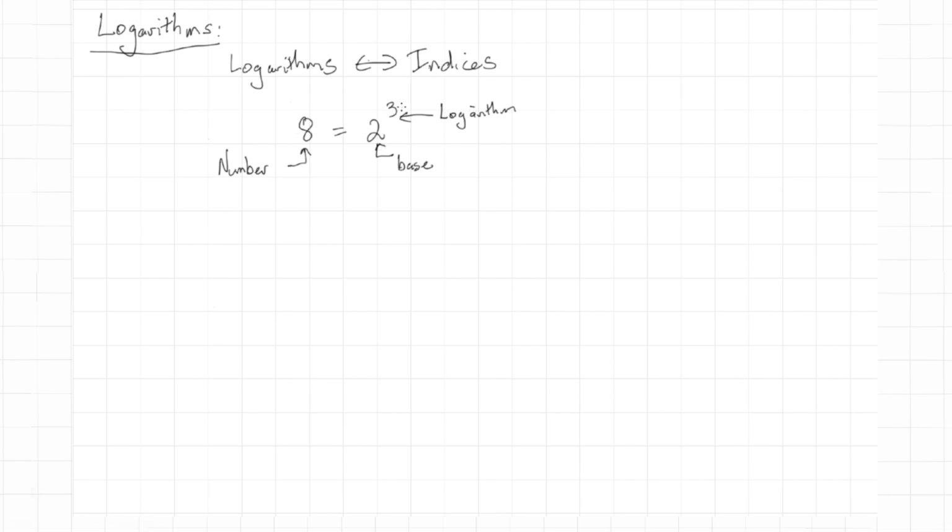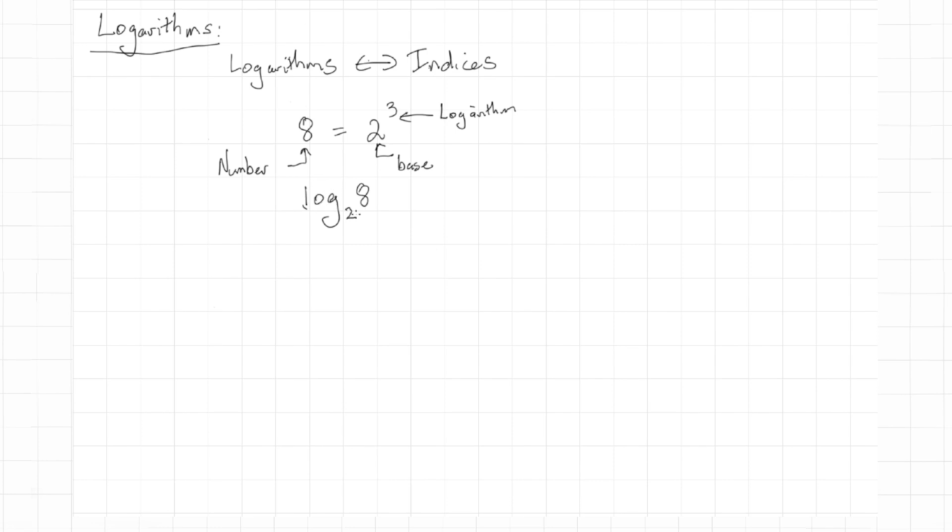So if 8 equals 2 to the power of 3, then we can say that, and we shorten the word logarithm to log of 8 to base 2, and we put that down there. This is saying what is the power. Logarithm is a power or an index.